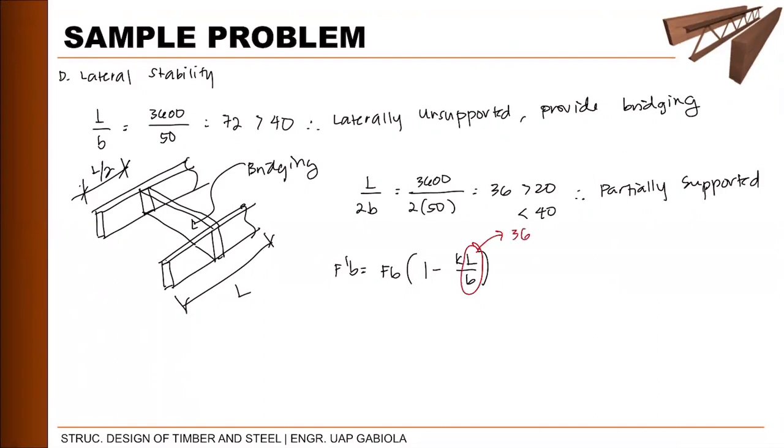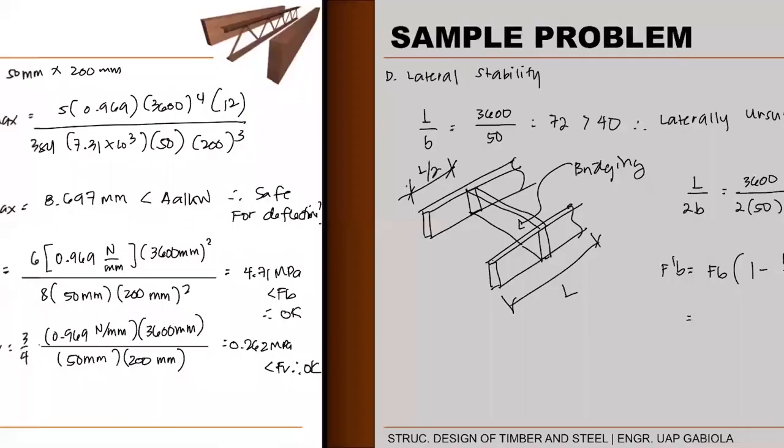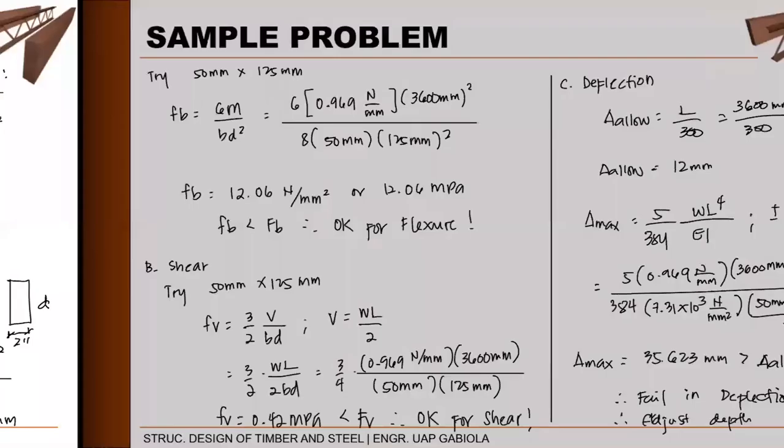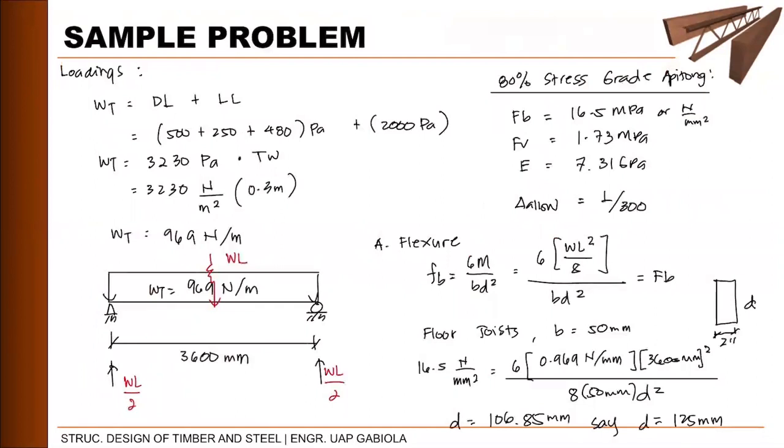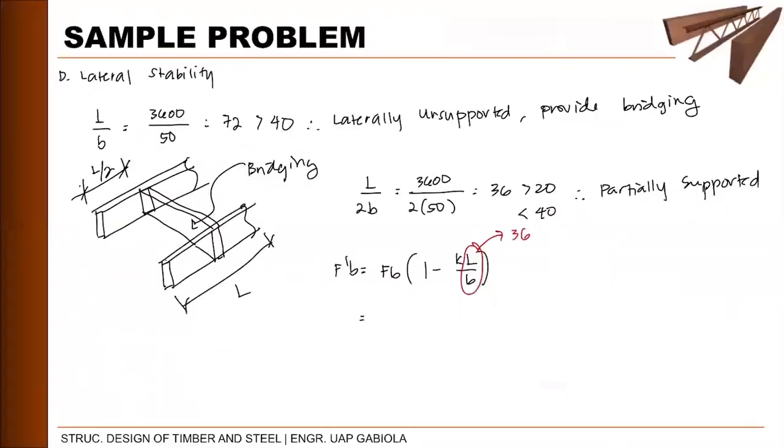Okay, kasi yun yung kinoconsider natin. So yung flexure natin na FB is originally 16.5 yung value niya, no? According dun sa table natin kanina. So 16.5 times 1 minus 1 over 90, yun yung value ng K according dun sa table, and then times 36. So F prime B natin is equals to 16.5 times 1 minus 1 over 90 times 36. Ang value na lang natin ngayon is 9.9 MPa.